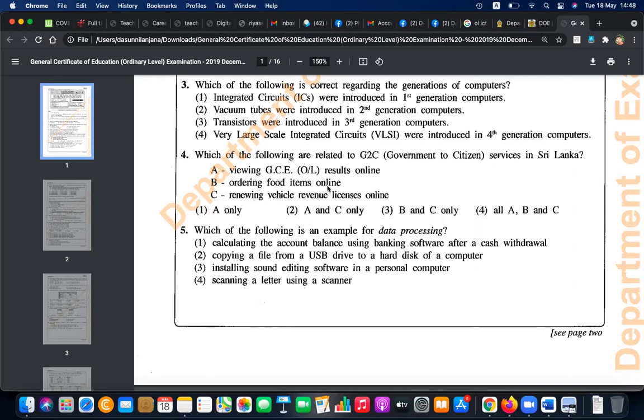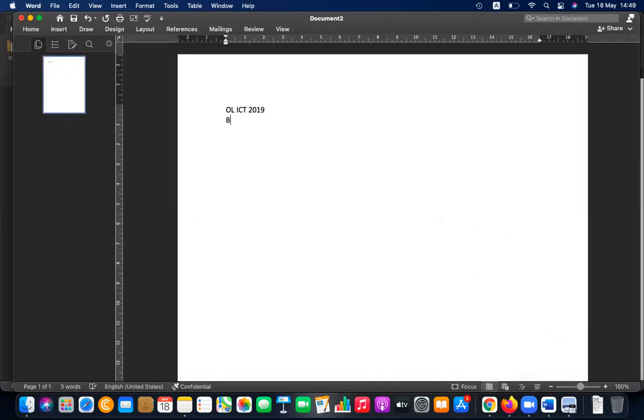Ordering food items online is B to C, business to consumer or business to customer. Basically, you have these four terms. G is government, C is consumer or customer, B is business, E is employee. Those are the terms used in e-services.